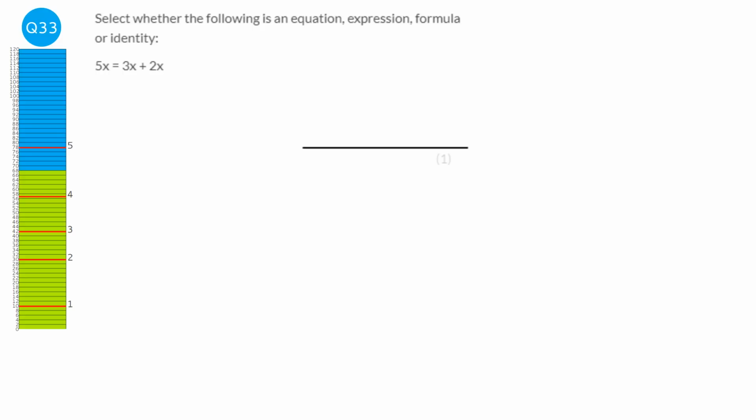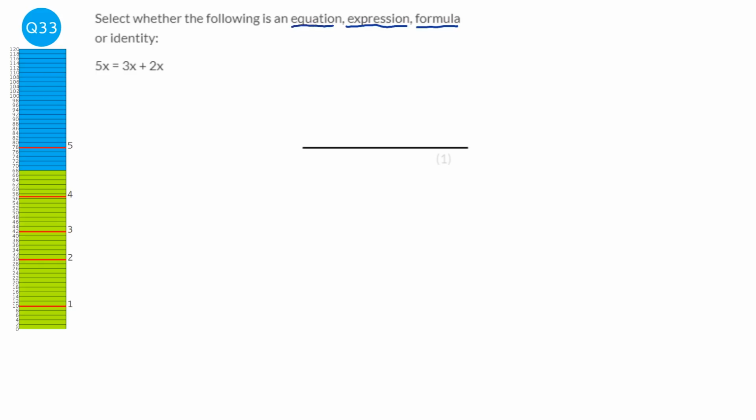140.06. To answer this question, we need to know what an equation, expression, formula, and identity is. So the formula is basically an equation, but for real-world things. So area equals pi r squared. It's where the letters actually mean something. Expression is just algebra without the equal sign, so 5x plus 3 would be an expression.